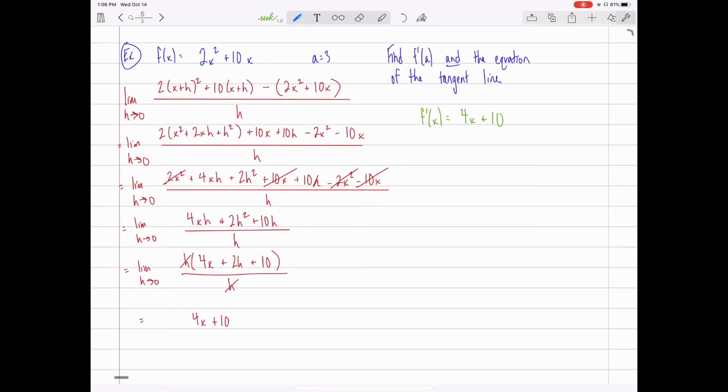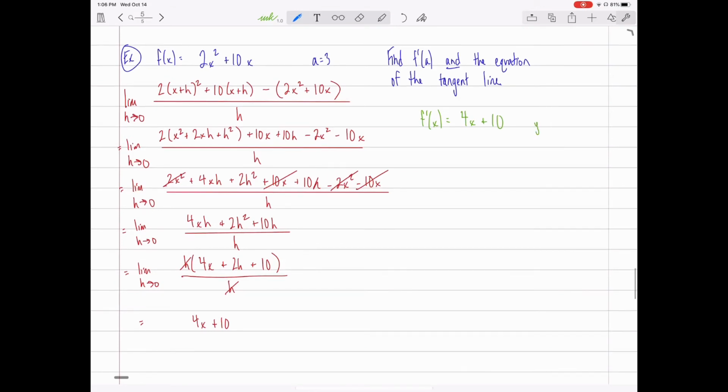So if we're going to use the point slope form of the line, we need a point and a slope. Isn't that amazing? So we generate a slope so that we're talking about at a equals 3. So f prime of 3 equals 22. And then we're going to plug in a 3 into the original function.